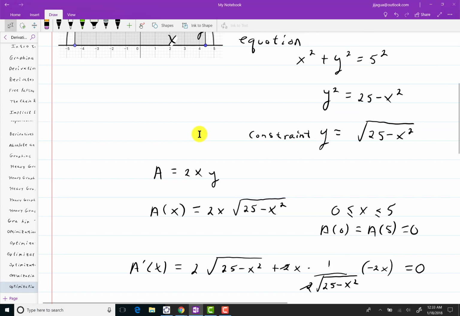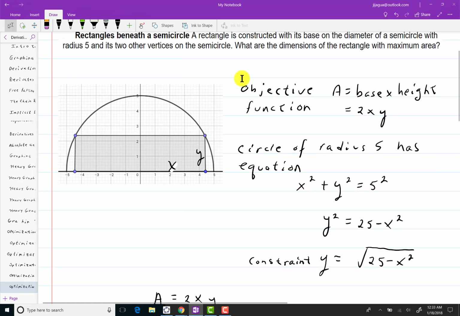And they are asking us, oh, this is one thing you've got to pay attention to. I tend to not pay attention to a lot. What are the dimensions? That's what they're looking for. They're not looking for the maximum area. They're looking for the dimensions that give the maximum area.